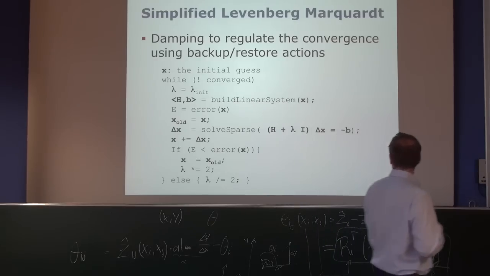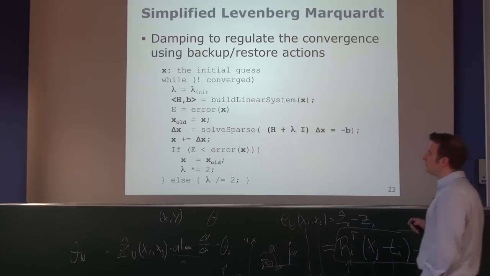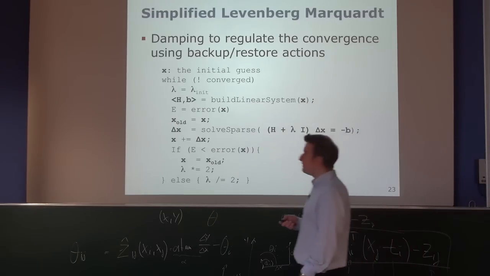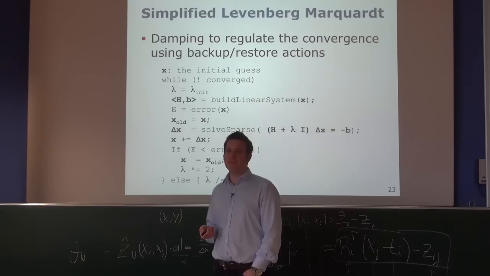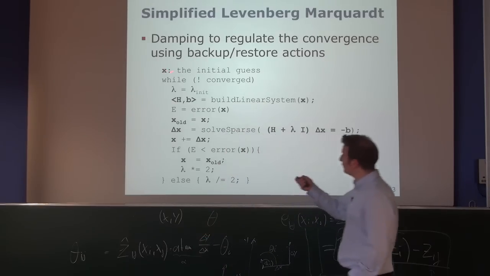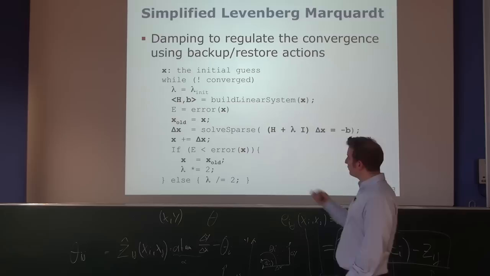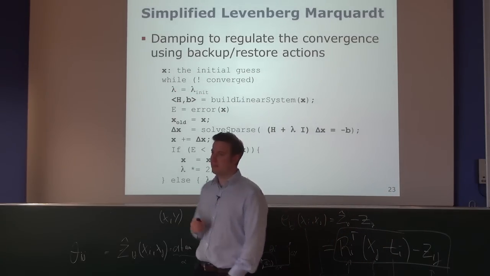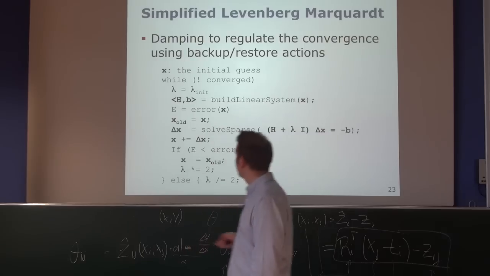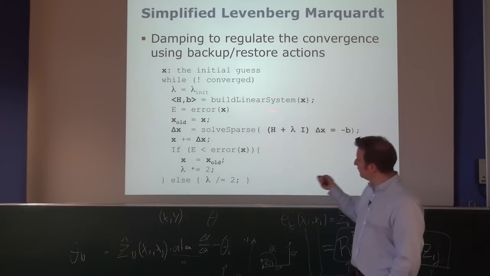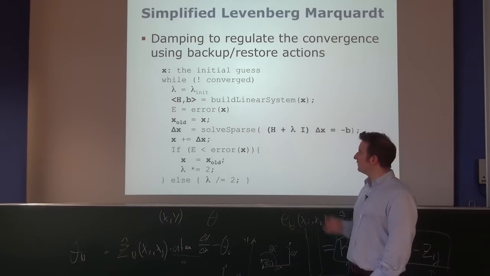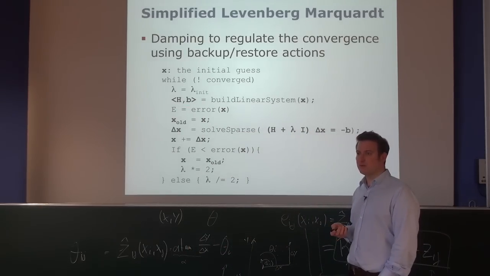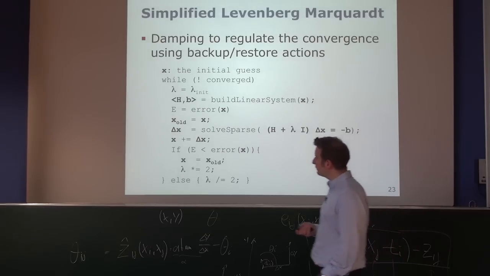The Levenberg-Marquardt algorithm, or a simplified version of it, simply adjusts this parameter over time during the search. So you have your initial guess, and while the system has not converged, you start with one initialization parameter of lambda. So you set that, and then you build your linear system. You compute the error of the current graph configuration.